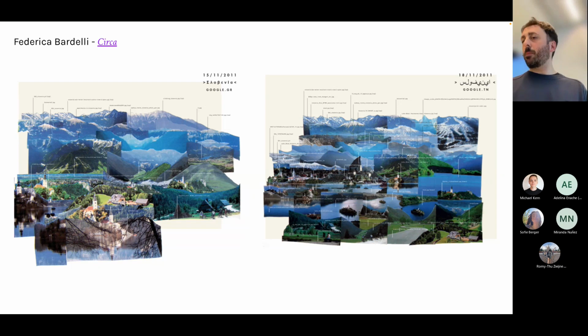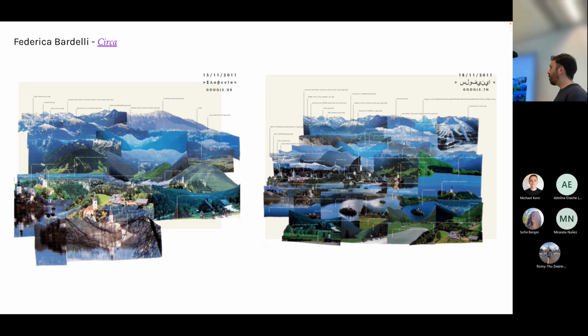Yeah, then I included some other projects that don't relate to this theme at all, just to give you a bit of fresh air on how you can do a collage. This is done by Federica Bardelli, an artist and designer from Milan.